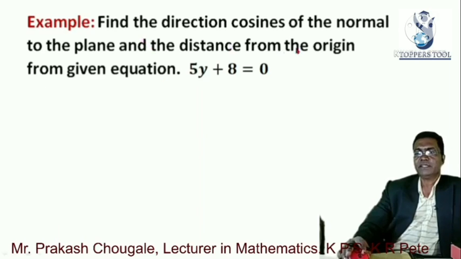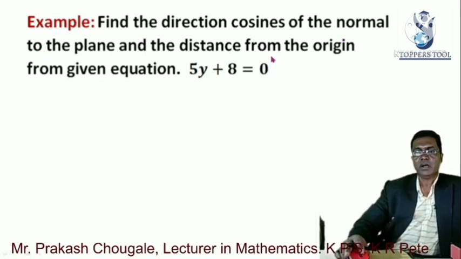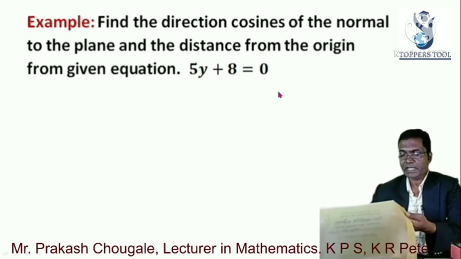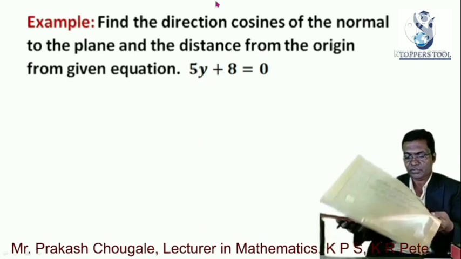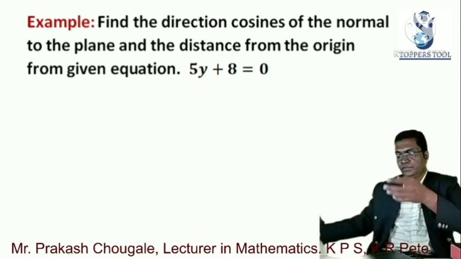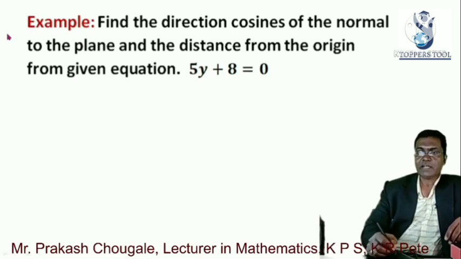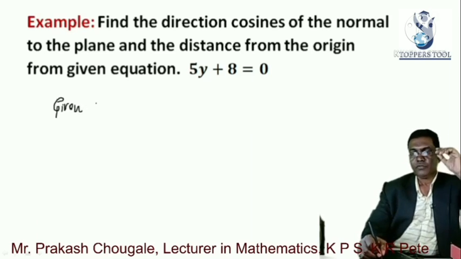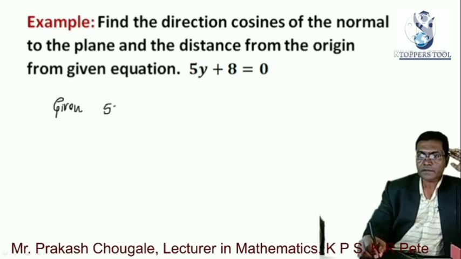Similarly, find the direction cosines of the normal to the plane and the distance from the origin from the given equation of the plane. So let us do this. You are given 5y, which you can write as minus 8.